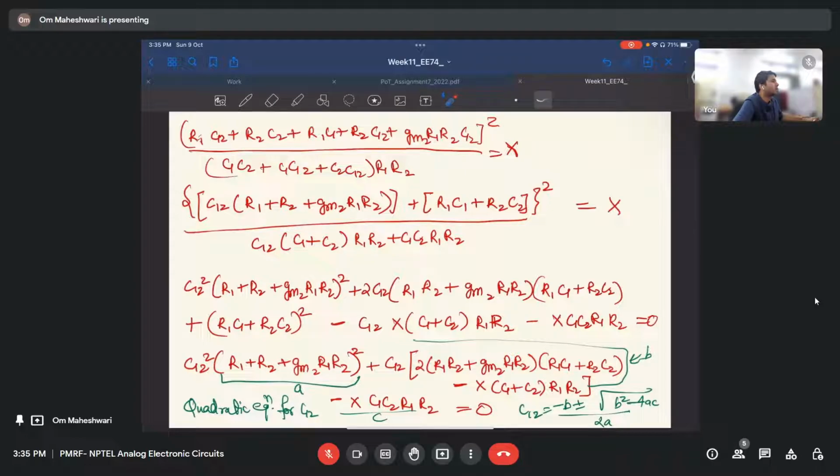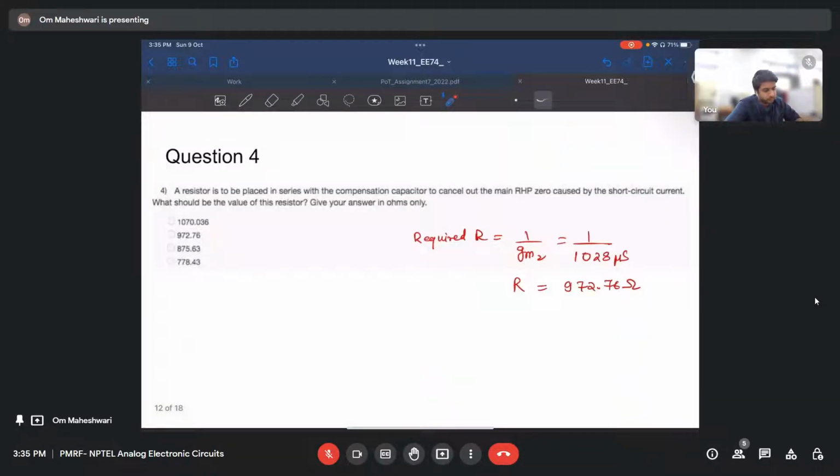In the next question, what they are saying is we had this C1, and let's say we had CC. We place another R here.